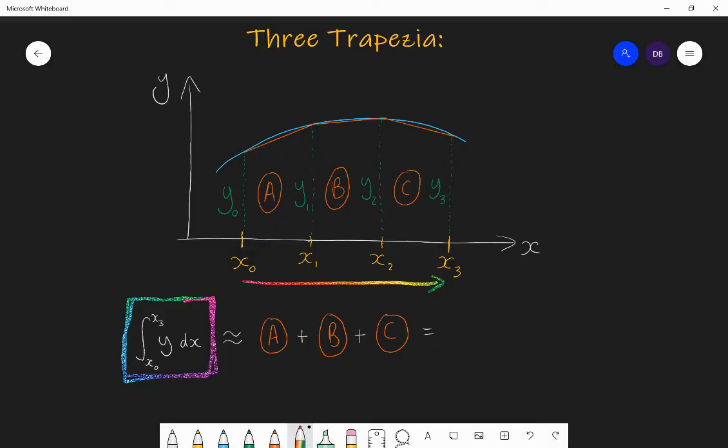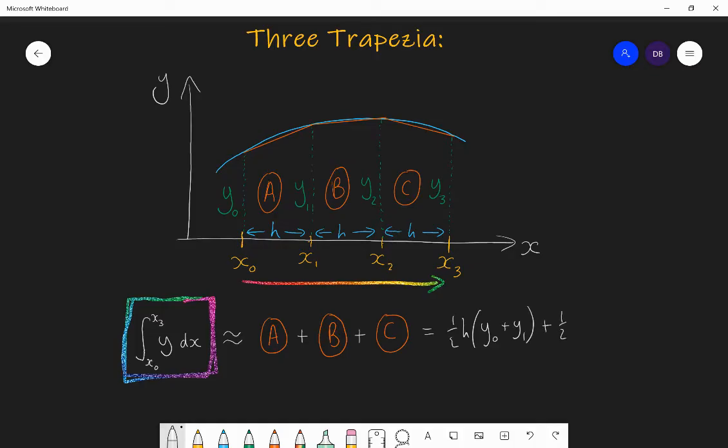So, as before, h, the distance between the parallel sides, is that value, okay? And we always split the area up into trapezia with the same width, the same distance between the parallel sides. So A would be half h times y0 plus y1.